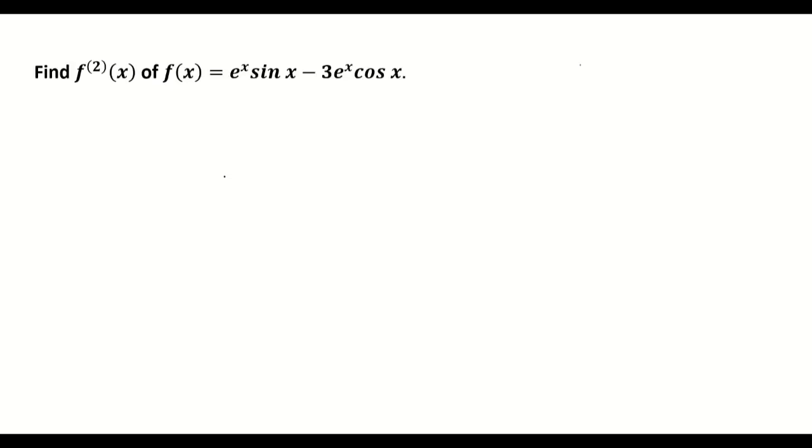For this example, let us solve for the second derivative of e raised to x sine x minus 3e raised to x cosine x. So for this example, let us write this as e raised to x times sine x minus 3 cosine of x, since e raised to x is a common factor.